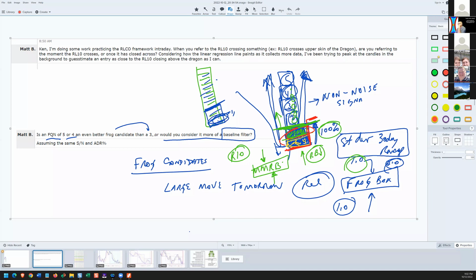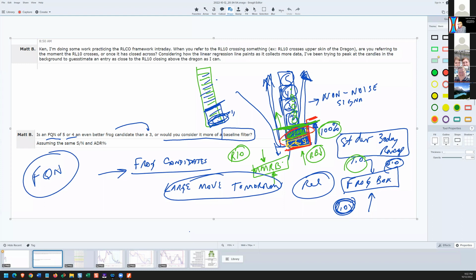Now, I say all that simply to say that what we want in frog trading or intraday trading or sniper trading or RLCO trading intraday is candidates that are poised to make a large move. One of the ways that we first determined that in Frog 1.0 was a large frog quality number, because what that told you was that the average range, when divided into frog box increments, was better than 3 to 1.